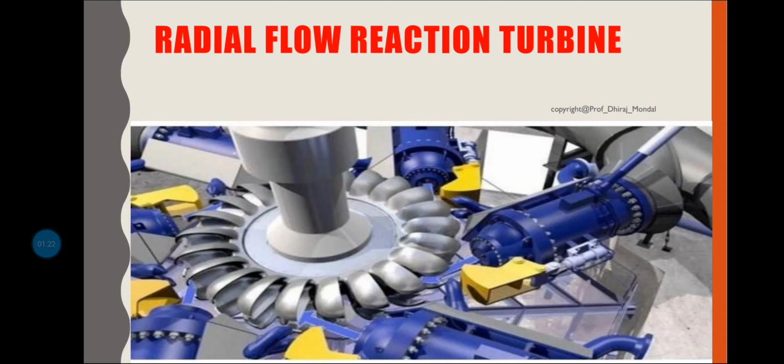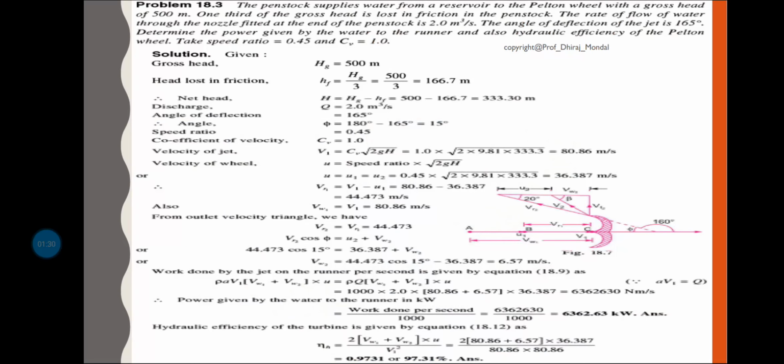There are two types of reaction turbine: radial flow reaction turbine and axial flow reaction turbine. Today we are going to discuss some numerical based on the tangential flow impulse turbine, that is your Pelton wheel, and after that we will discuss the radial flow reaction turbine. So let us start.